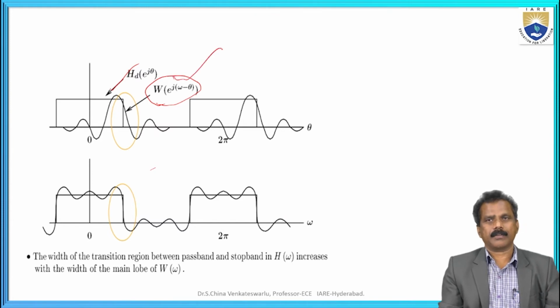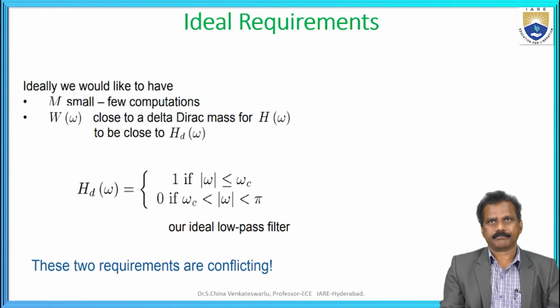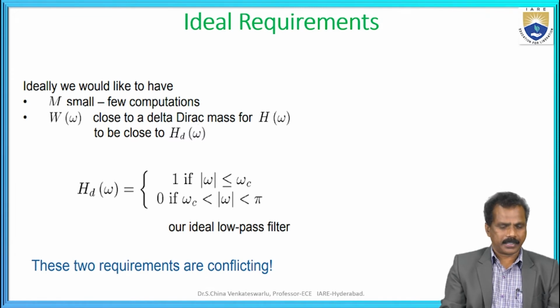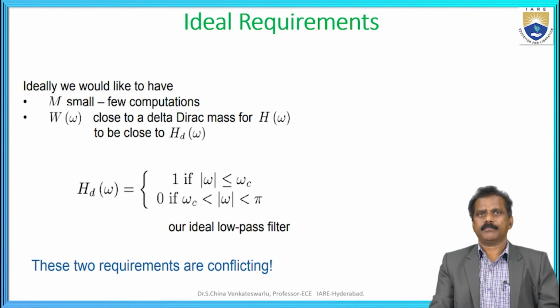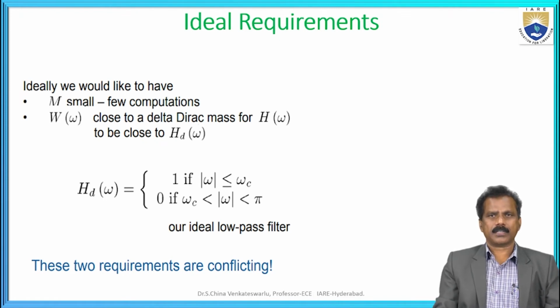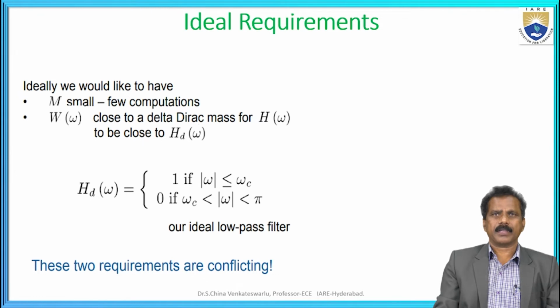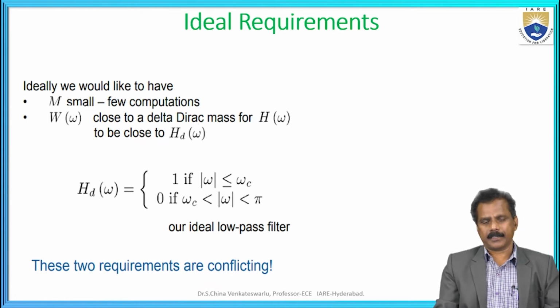Like this, we will verify the responses, omega versus H D of e power j omega. This is the ideal requirement. Ideally, we would like to have M small for computation, where capital M is specified. If you are using windows like rectangular, Kaiser or Hanning, W of omega should be close to a delta Dirac, for H of omega to be close to the desired frequency response H D of omega.